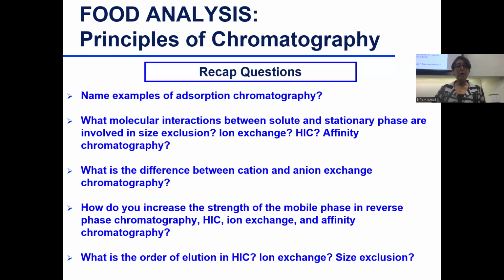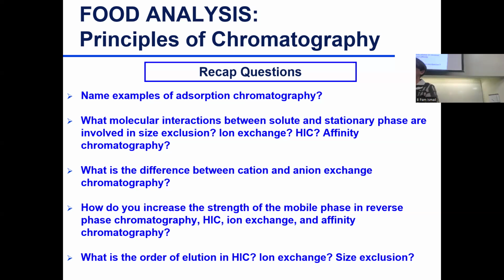Very good. What about ion exchange? What will come out first? In hydrophobic interaction chromatography, the least hydrophobic will come out first because they will interact the least with your hydrophobic stationary phase.